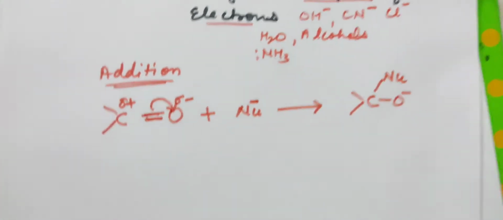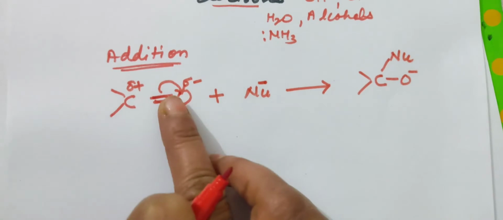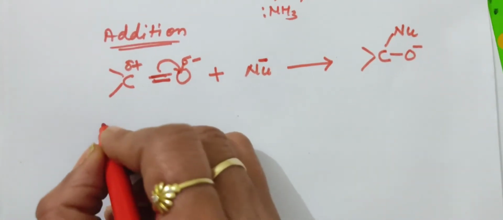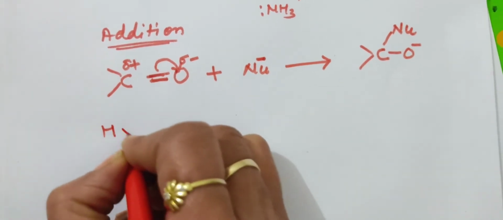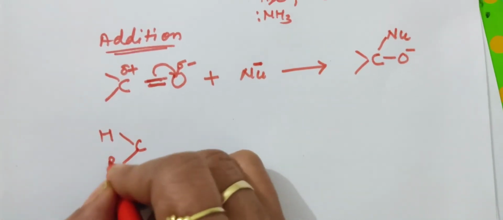So this type of reactions are called nucleophilic addition reactions. For example, if we take here RCHO, this is any aldehyde.